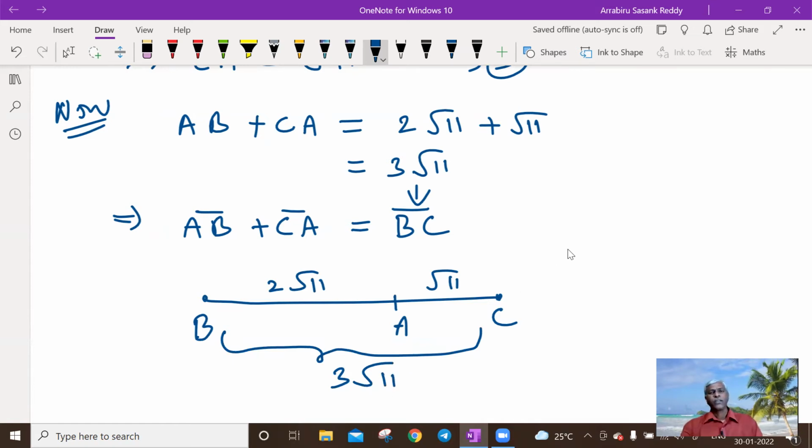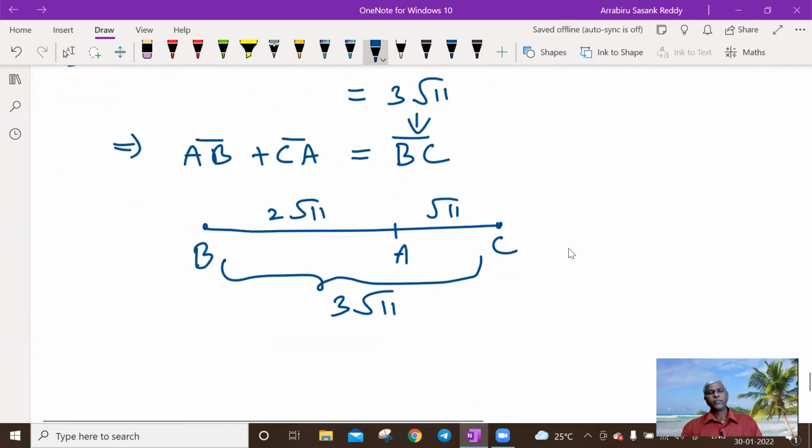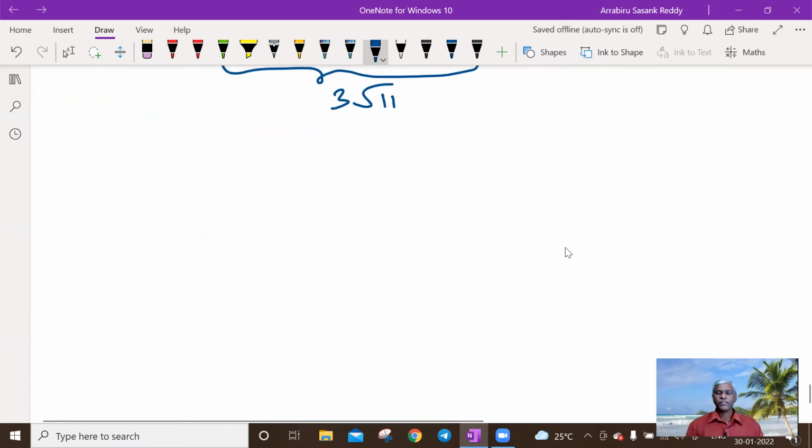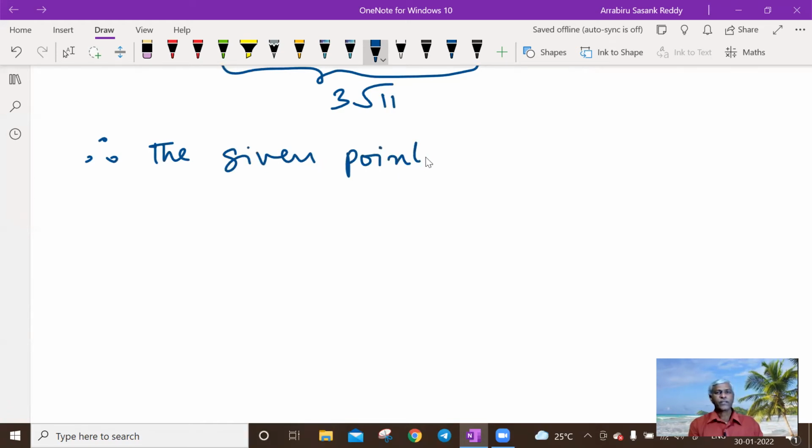Therefore, these 3 points A, B, C are collinear. Therefore, the given points are collinear.